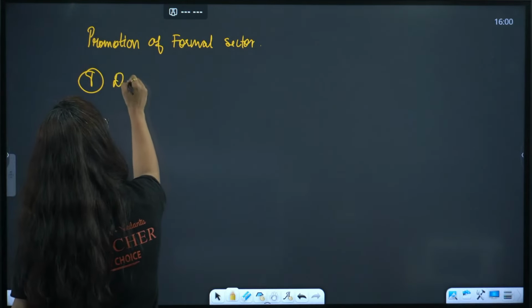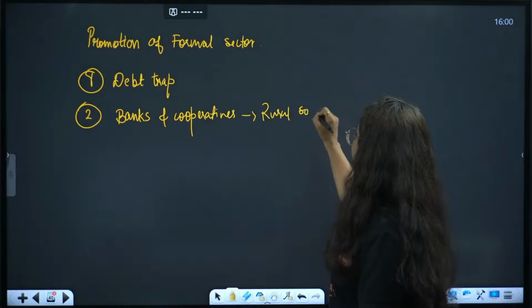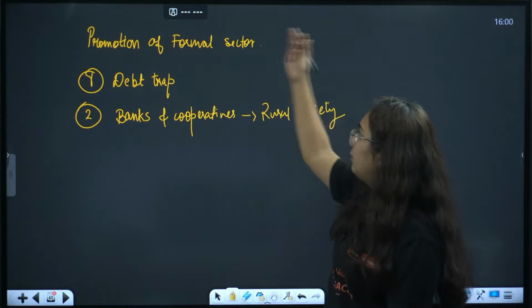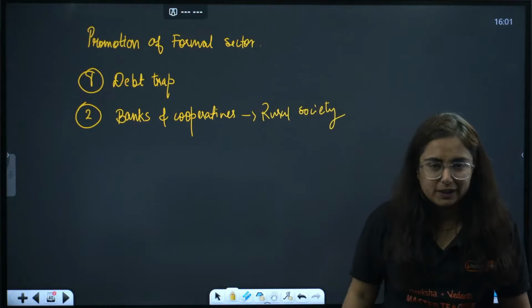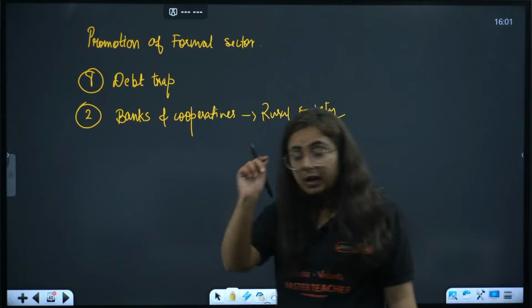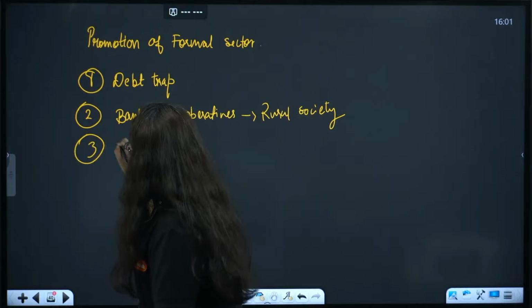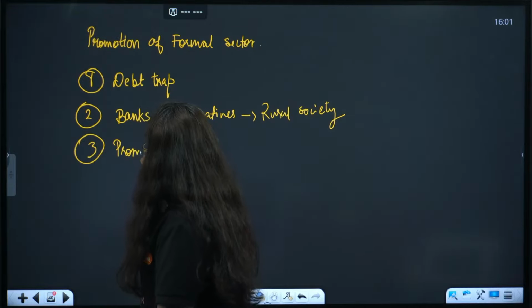How? In rural society. We need to increase them, and this is how formal sectors will be increased eventually, right? The third point is this, it will help promote entrepreneurship.